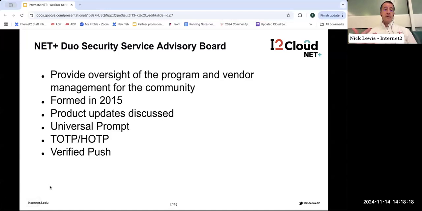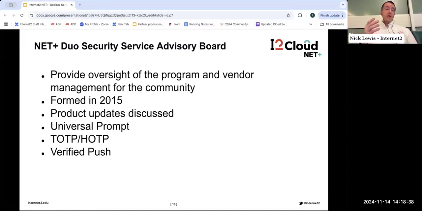As the campuses went through their upgrades to the universal prompt, there have also been changes around what the deadlines were, so that it would better meet the needs of higher education campuses. We had deep consultation with Duo on that upgrade.